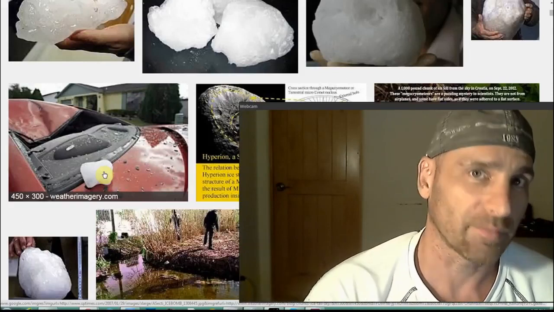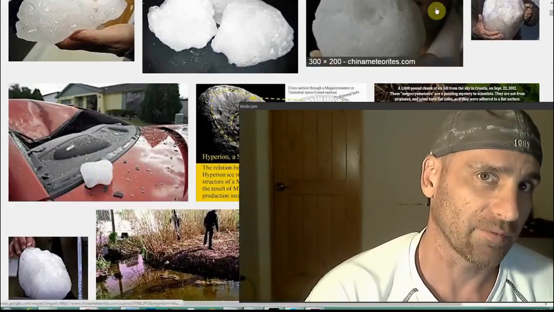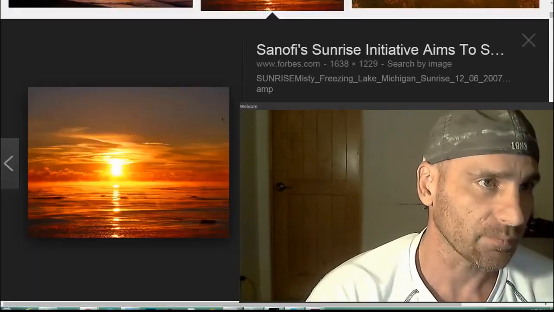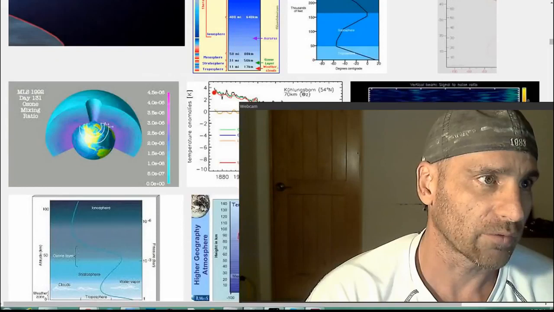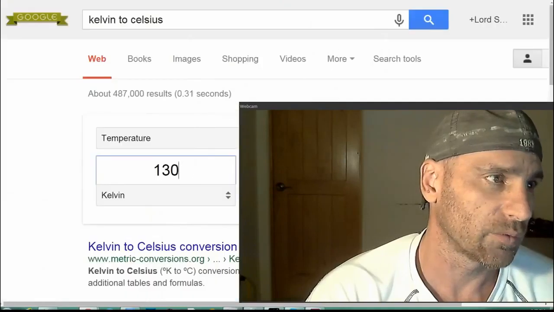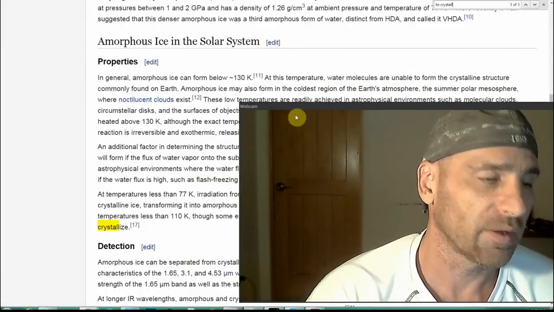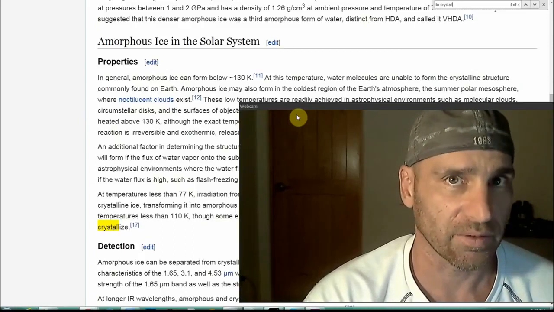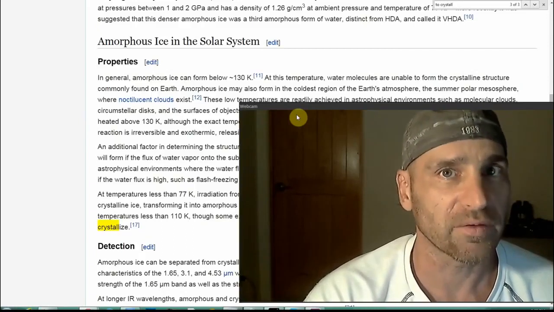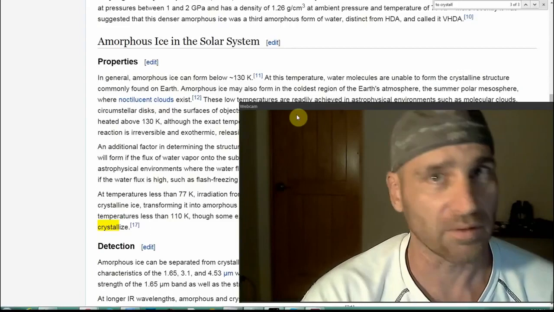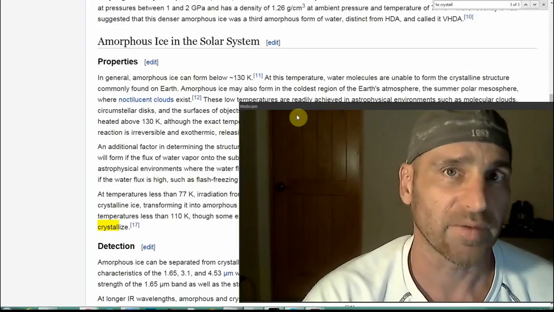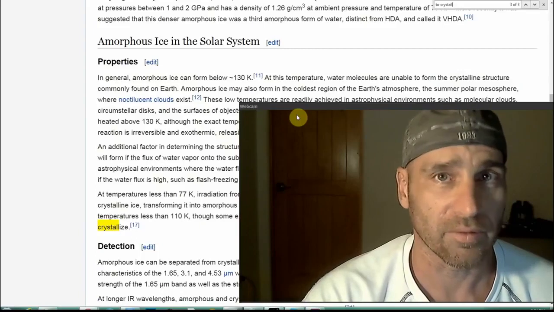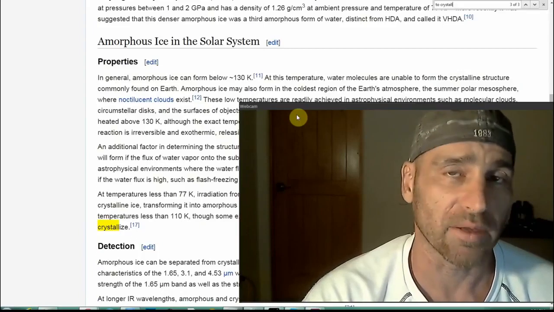However, it's just not transparent at ground level. Because, let's go over here. Temperature. There are two different states of ice, amorphous and crystalline. Amorphous means it's clear, transparent, like glass, and crystalline means it has crystal structures, and it is usually opaque or very near opaque, translucent.